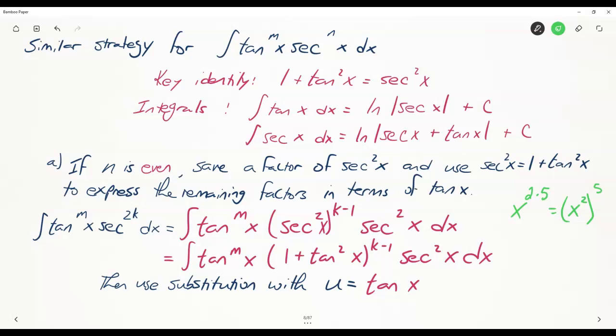The trick is getting it into polynomial form. So for tangent times secant, if the power of secant is even, break off 2 factors of secant, write the remaining factors in terms of tangent, let u equal tangent.